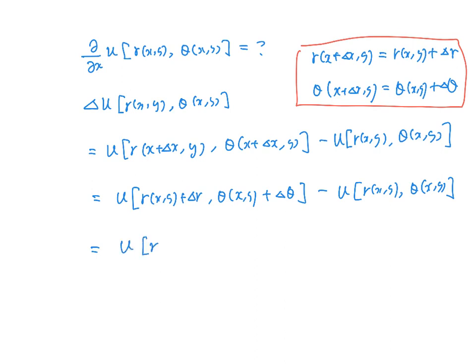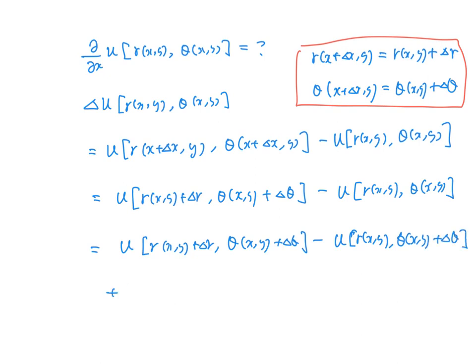So I can write u(r(x,y) plus delta r, theta(x,y) plus delta theta) minus u(r(x,y), theta(x,y) plus delta theta), and then add the same thing, u(r(x,y), theta(x,y) plus delta theta), minus the original term u(r(x,y), theta(x,y)), right?